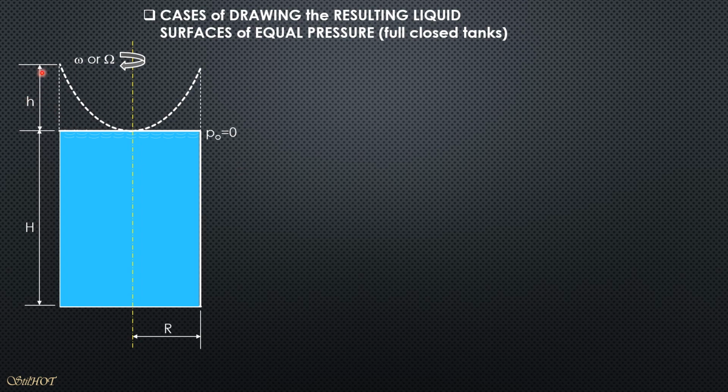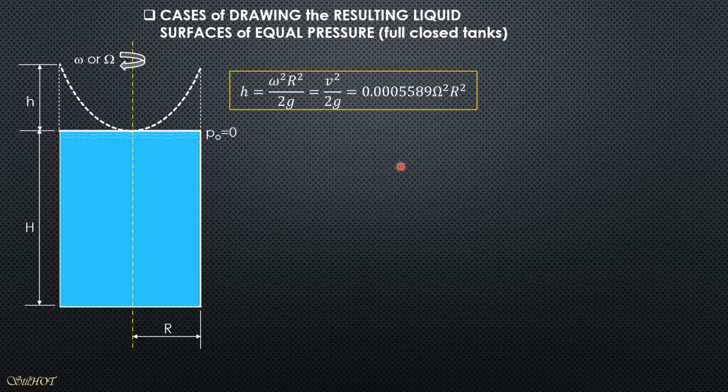This is the resulting height, and h is omega square big R square over 2g, with omega in radians per second, or 0.0005589 omega square R square if the given angular speed is in revolutions per minute.